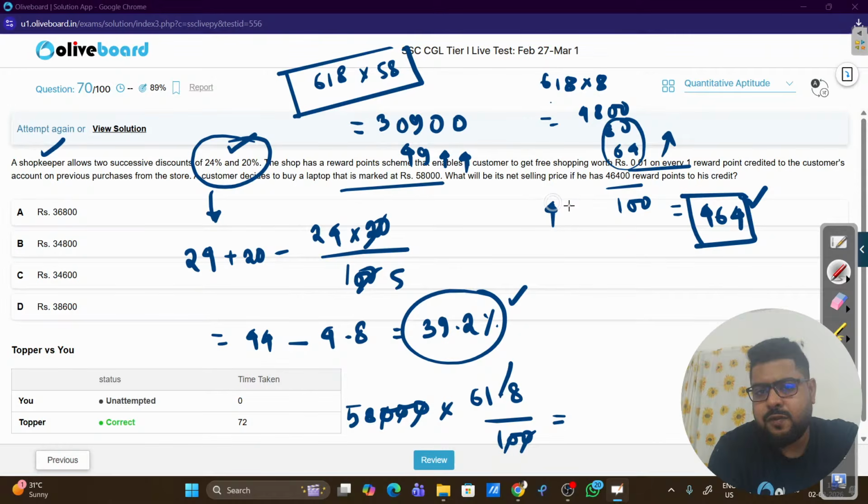So that is 44 here, 18 here. Just a second, then the options will not match. Have I made an error?